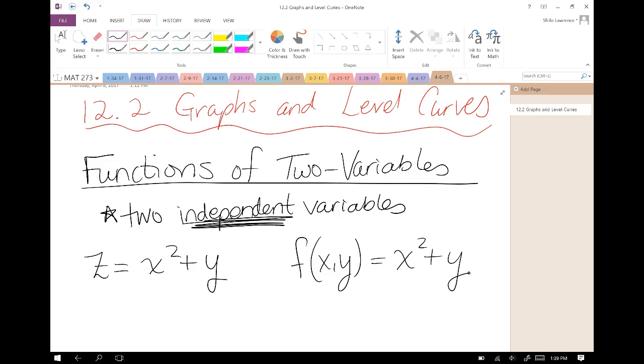When we first learn about functions, we use f just because it's the first letter of function. And then after the name, in the parentheses, we say what the independent variable is. So for functions of two variables, there are two independent variables. So we have x and y in the parentheses next to the name of the function. So we could either use z or we could use function notation.